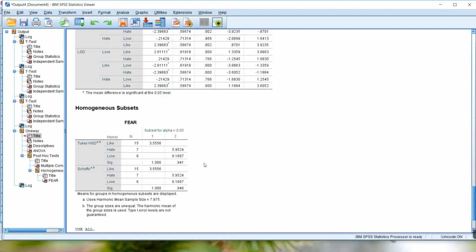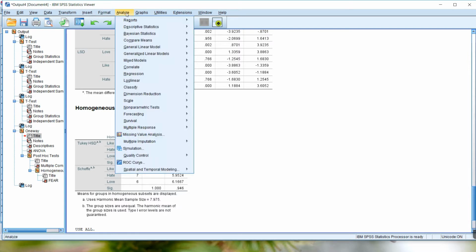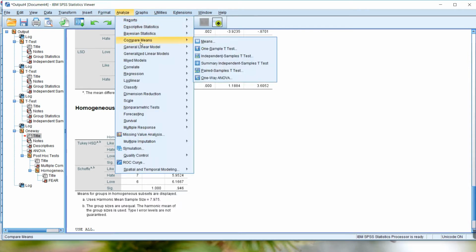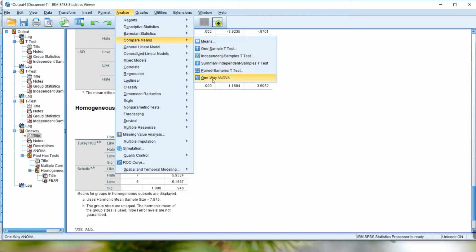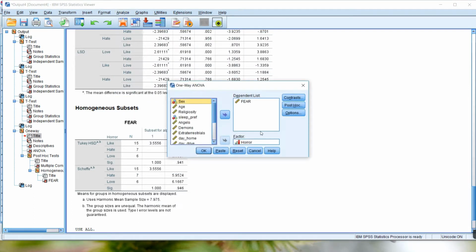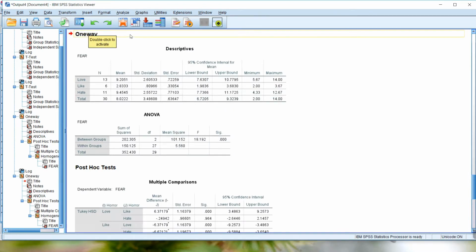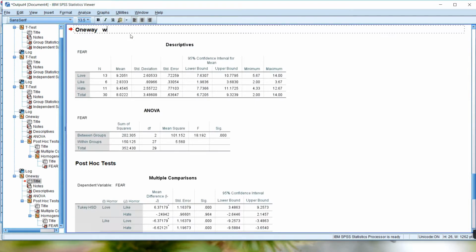So now we've got, you can trust me on this, we just have the women selected. We go to Analyze, and then Compare Means, whoops, one-way ANOVA. It's already set up, so we don't need to do anything else. We just hit OK. We'll type in women up here so we don't forget.